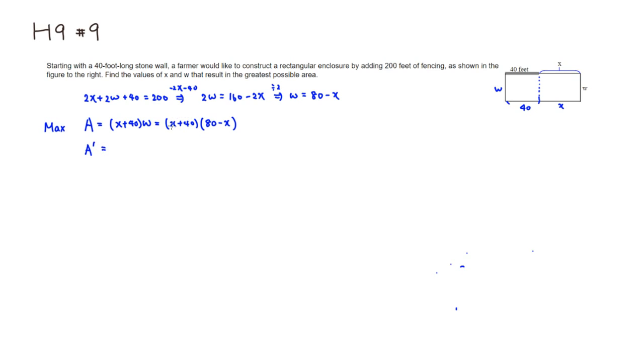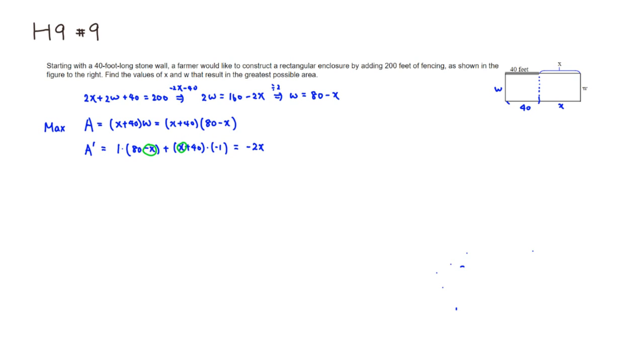Derivative of the first guy is 1 times the second guy, 80 minus X, plus, using the product rule, the first guy X plus 40 times the derivative of the second, which is negative 1. If you simplify that, you have a negative X here and a negative X, so I'm going to circle that, that's negative 2X.